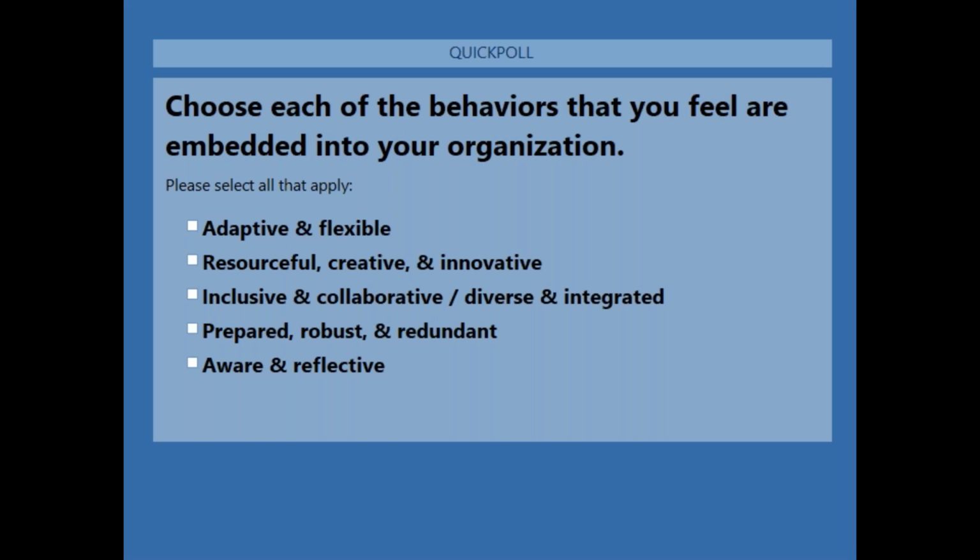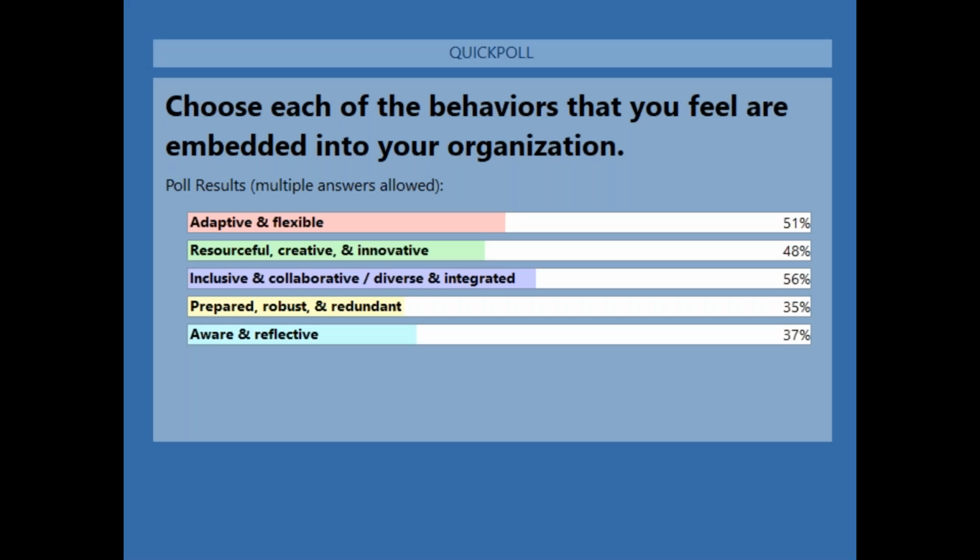Wow, these scores are really interesting. Now, here's where your bias, I'll just bring that up since that question was there, might actually be impacting your scoring. Here we've got people that are more into managing risk, and so you gave the lowest score to being prepared, robust, and redundant because you understand the weaknesses of your current system.